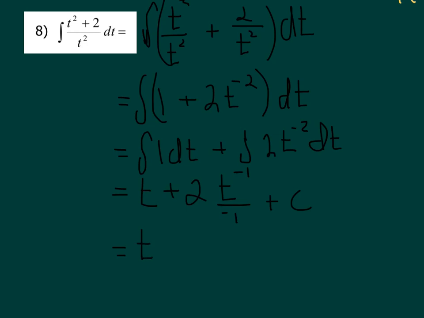So we have t plus, minus, because we have this division of a positive number over a negative number, so it becomes a negative term. So we have negative 2 over t plus the constant.